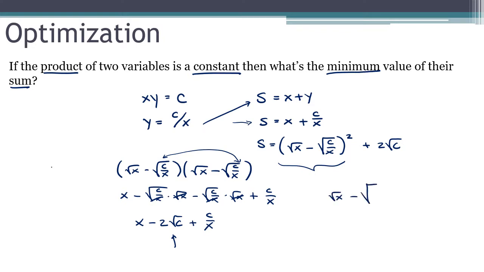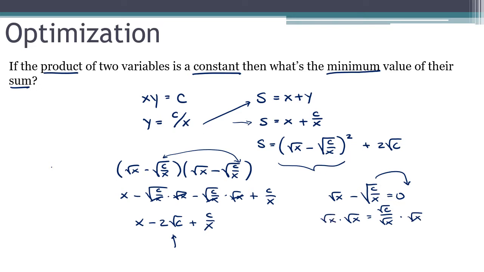Let's solve the equation: the square root of x minus the square root of c over x equals 0. Let's move things around here. The square root of x equals, moving this to the other side and splitting the fraction up, the square root of c over the square root of x. Multiply both sides by the square root of x.